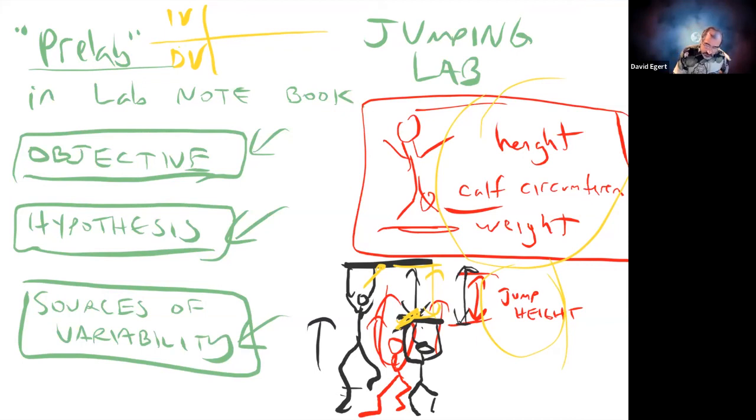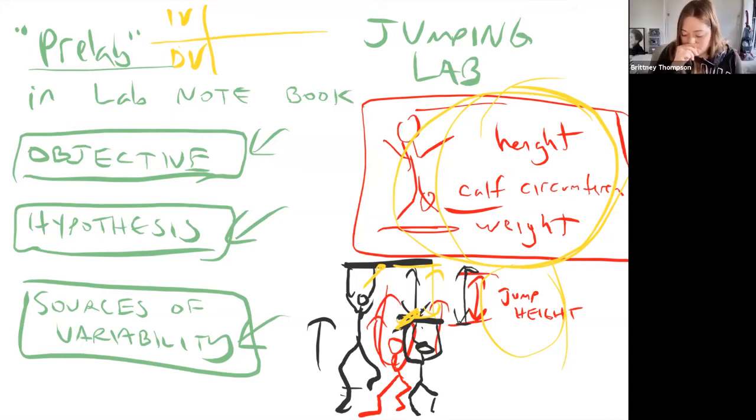So how many independent variables are there? 3. Yeah, there's going to be 3. And how many dependent variables are there? Just the one. So if you were going to write the objective for this one, what would the objective be? To see if the person's height, weight, and calf circumference play a part in their jumping ability.